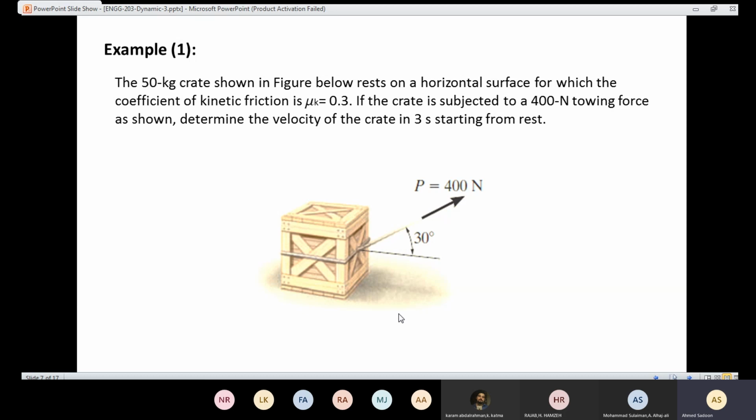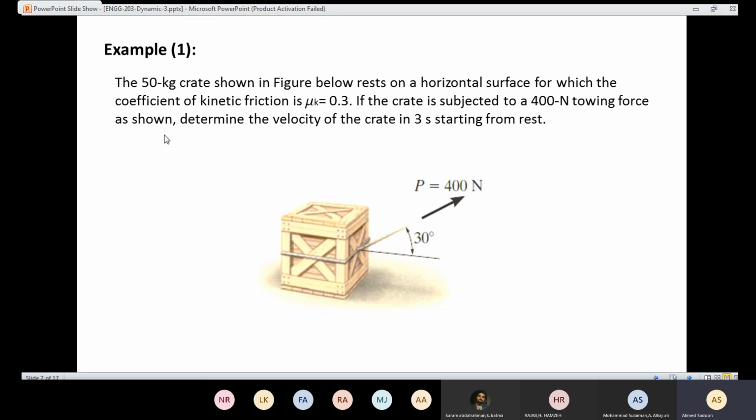So if the box is going to move, the friction here is 0.3. Remember, this one is not static friction. This one is kinetic friction. The crate is going to be subjected to 400 newtons, like you can see here, with an angle. That force is going to be connected like that.